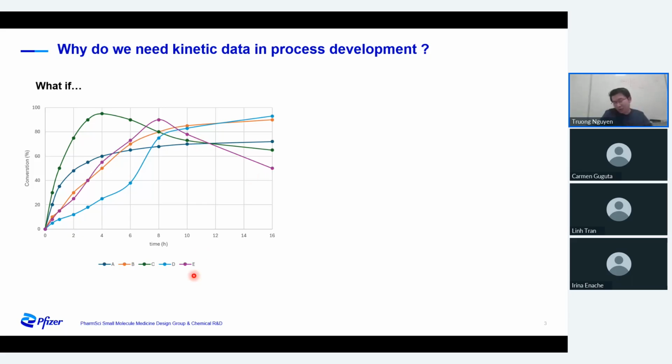So what I want to point out is that without kinetic data, we don't know what actually happened during the entire course of the reaction. With kinetic data, we can do a lot in process development, but I want to highlight 2 key applications. The first one is optimization.